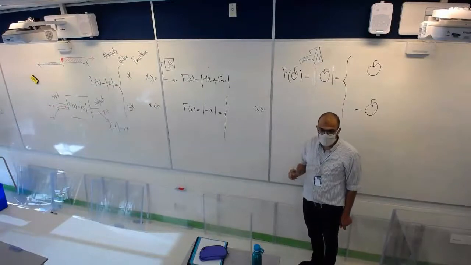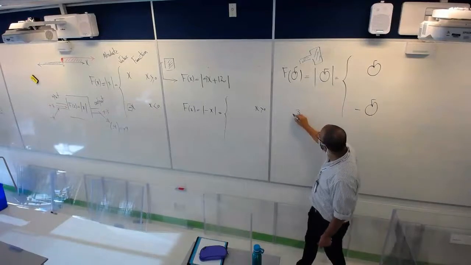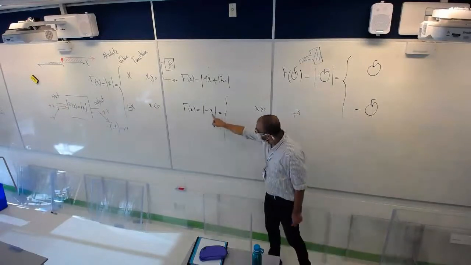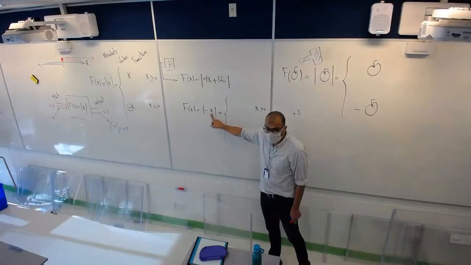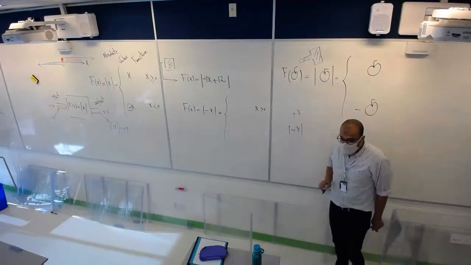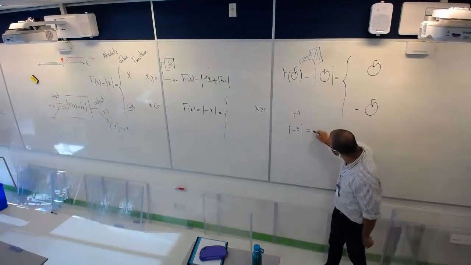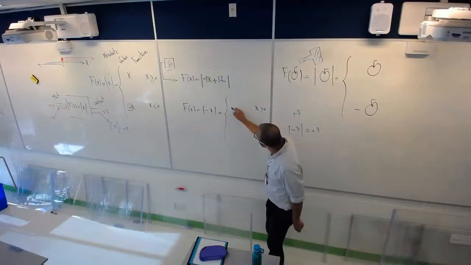For example, x is positive, like plus 3. You put it inside the function and it becomes the absolute value of minus 3. The purpose is to take this out as positive, so it becomes plus 3.